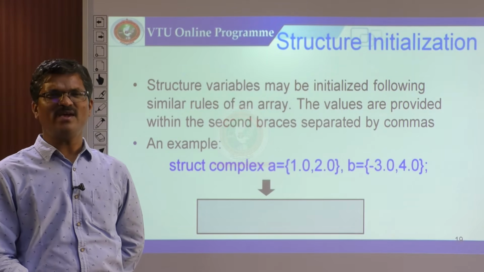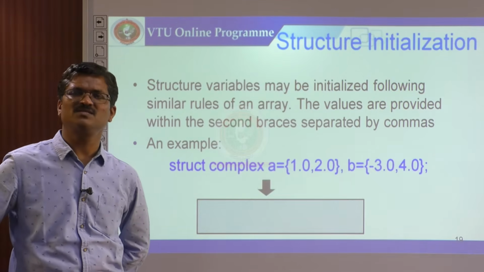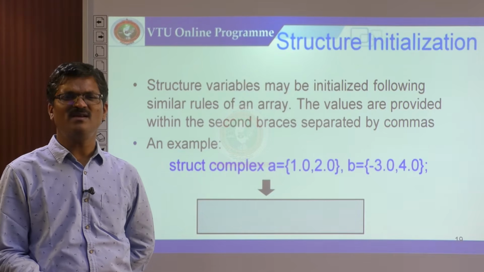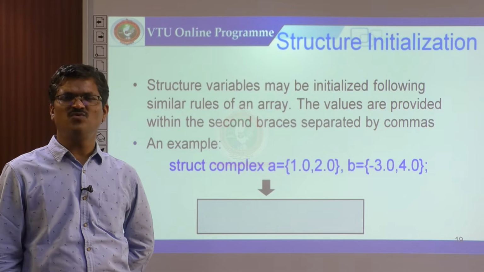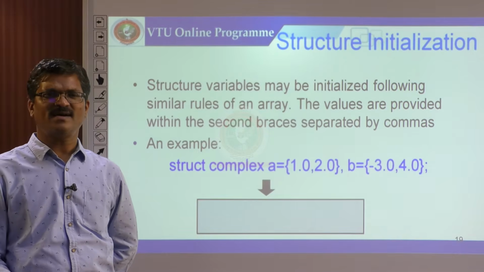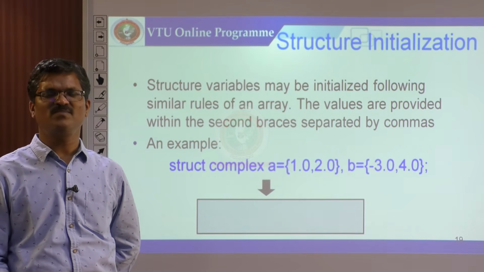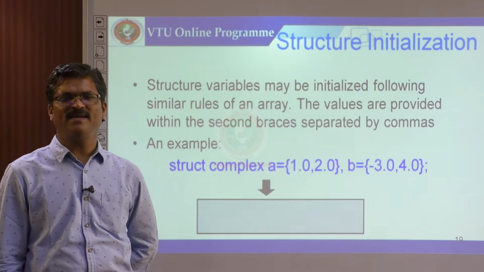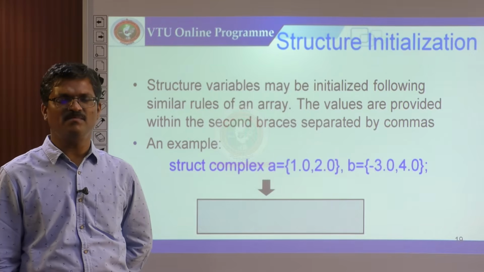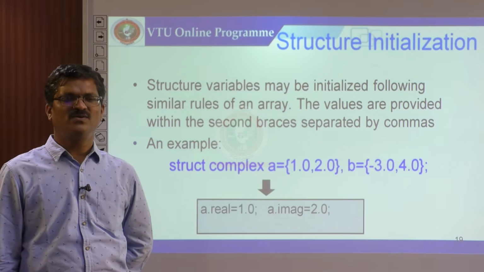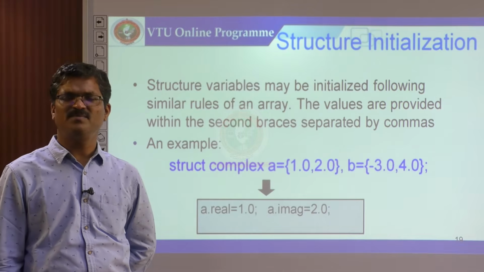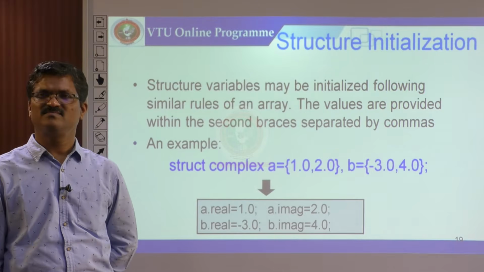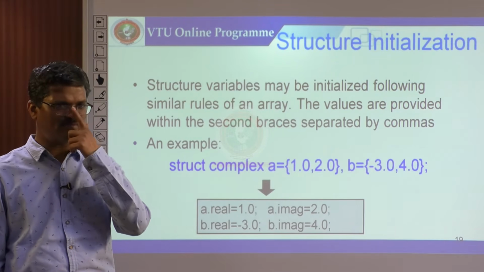This is one way of initializing the values of a structure, where member A dot real holds the value 1 and A dot complex holds the value 2, assigned to the structure variable A. In the same way, B holds -3 and 4 as the real and imaginary parts of structure variable B. So this is what A dot real and A dot imaginary represent, and likewise the real and imaginary parts of B.